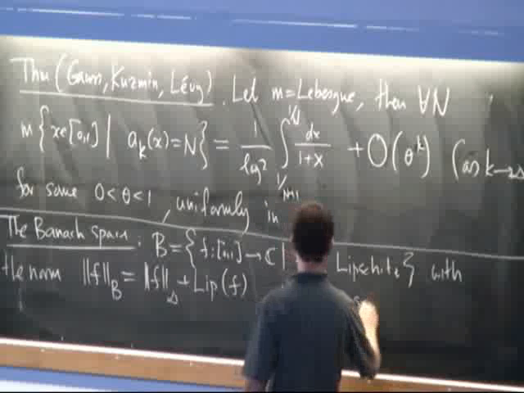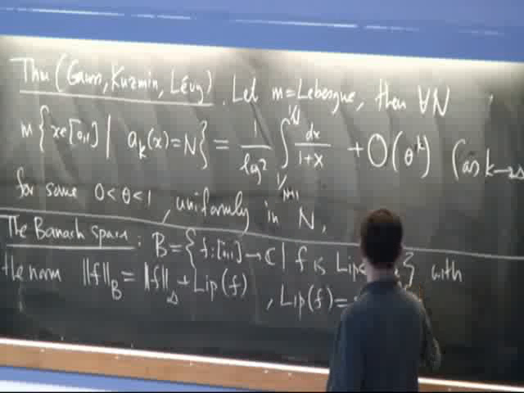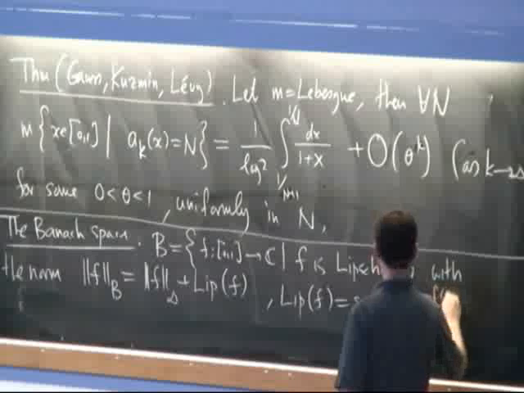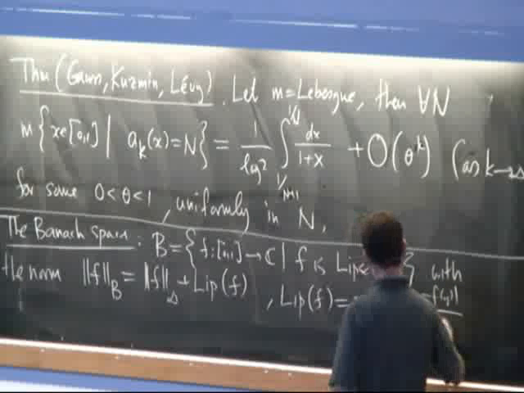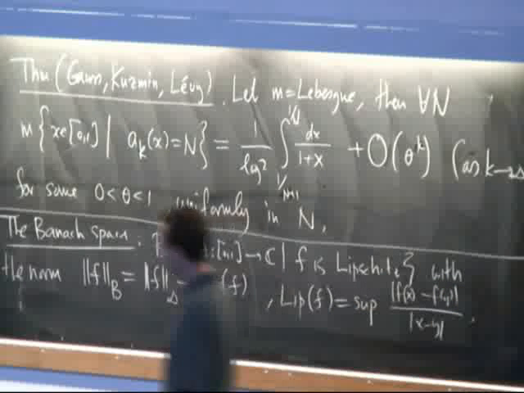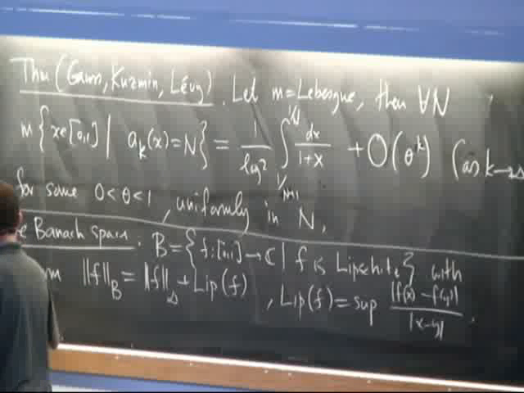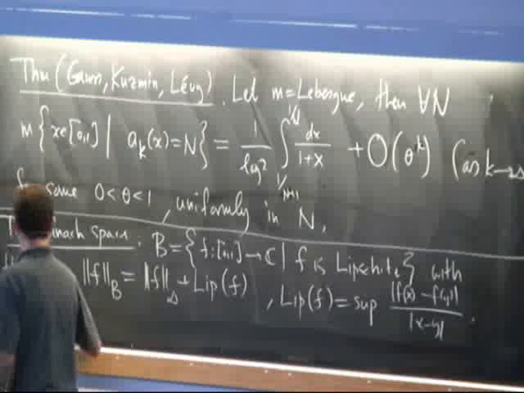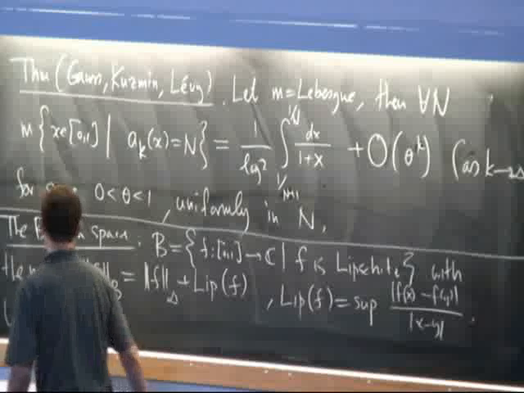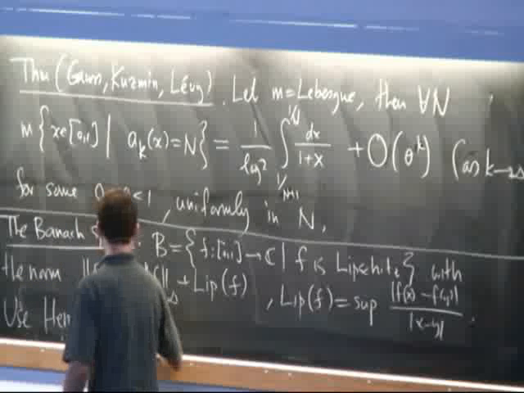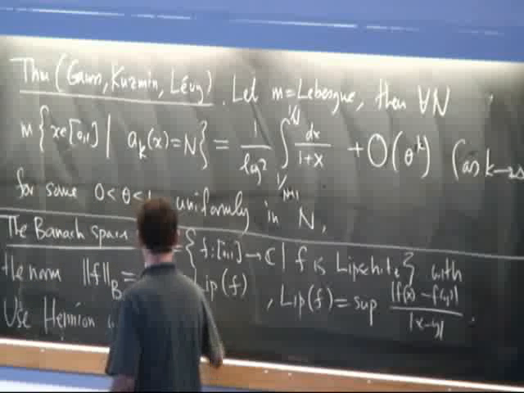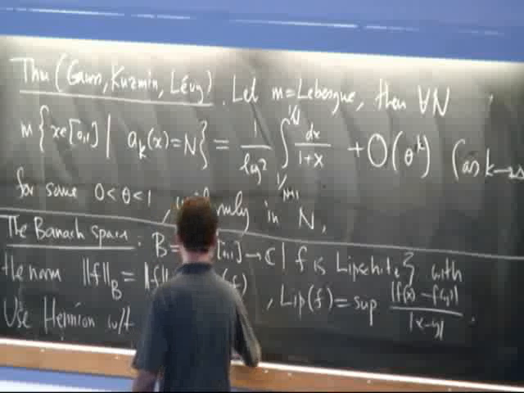This is, of course, the sup of f(x) minus f(y) over x minus y. And you take the semi-norm, you use Hennion's theorem with the semi-norm, which is the L1 norm.